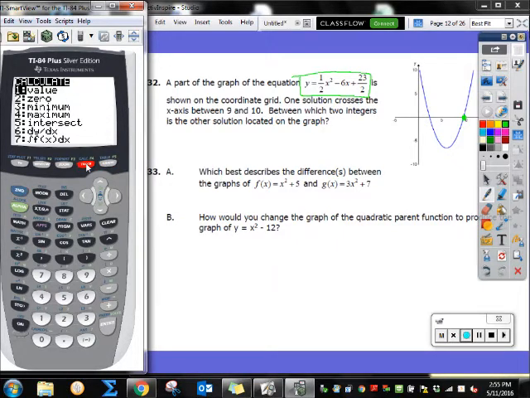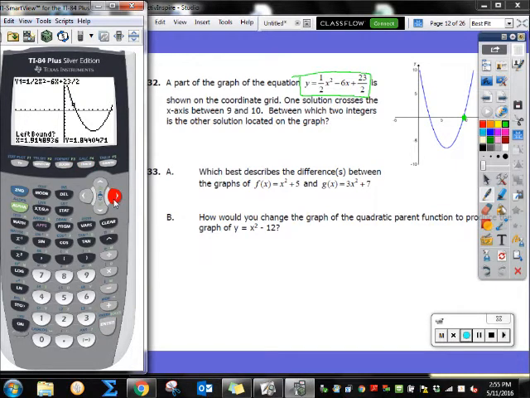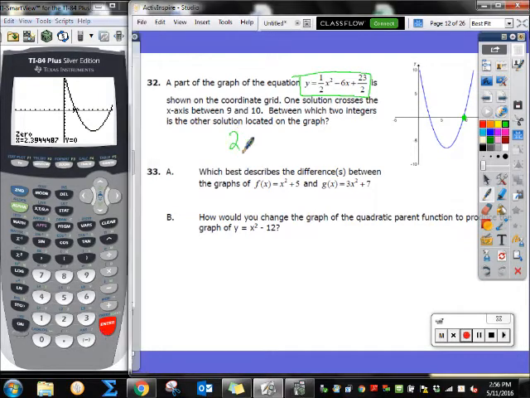Second trace, number 2 for zero. Then I'm going to get as close as I can because I need to set my left boundary by pressing the left arrow key. Then the right boundary by going just to the right of that x-axis, enter, enter. So that one is 2.3, so it would be between 2 and 3.